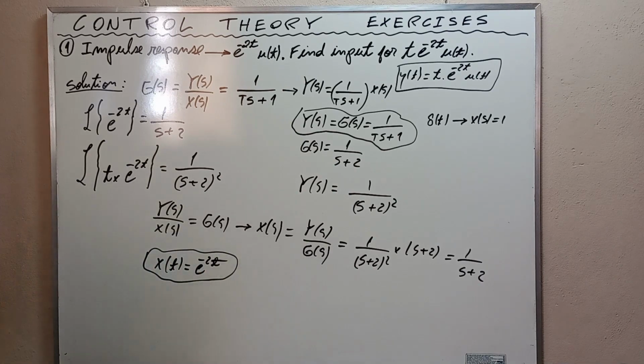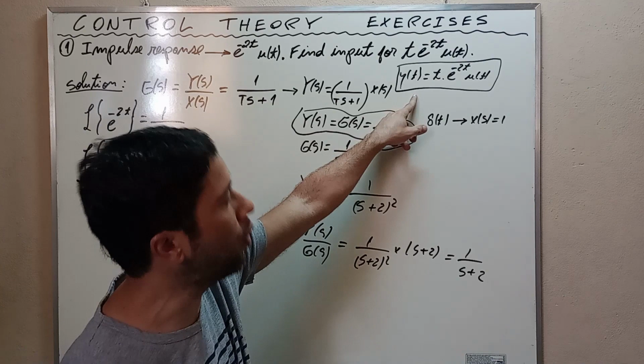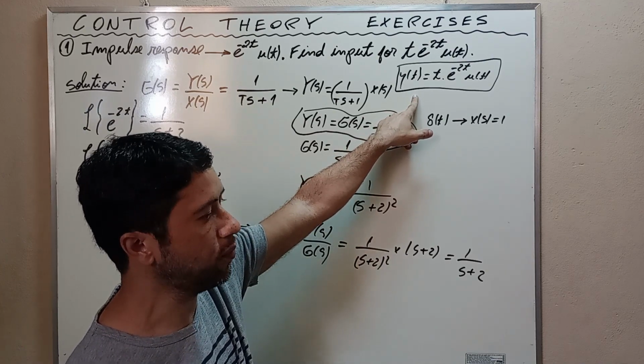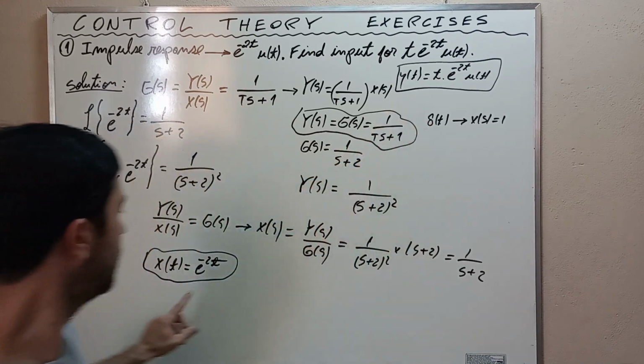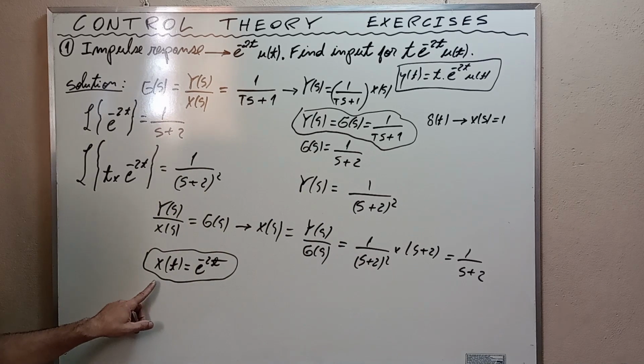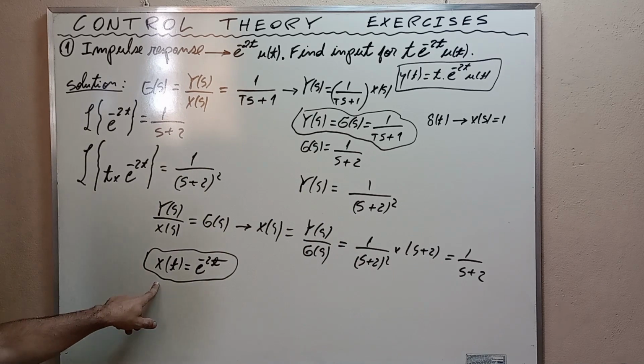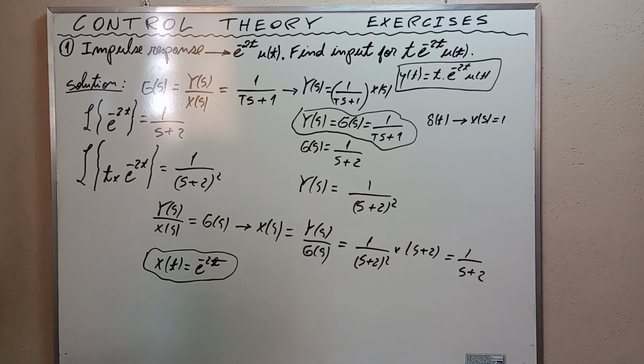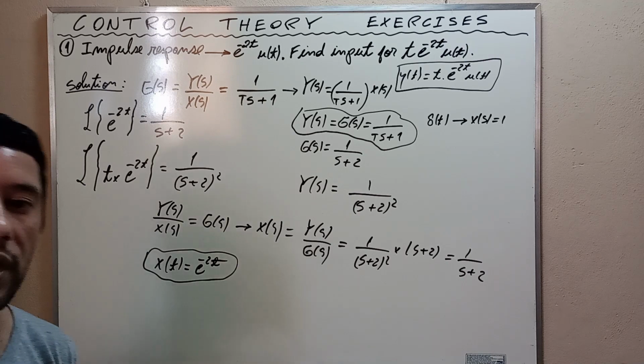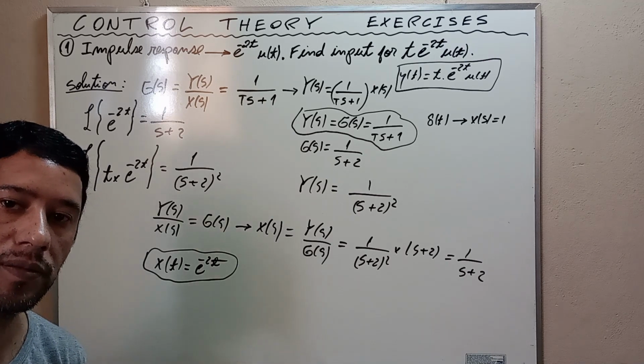This is going to be the response of the system, the output, when the input impulse is this. Okay, my friends, and this is all for exercise 1. Let's go to exercise 2 now.